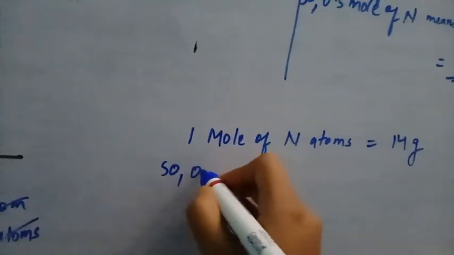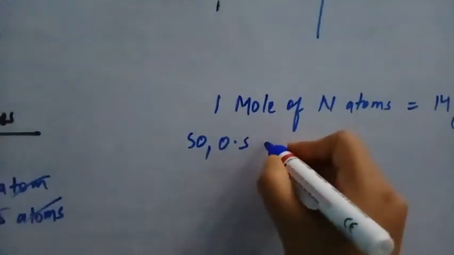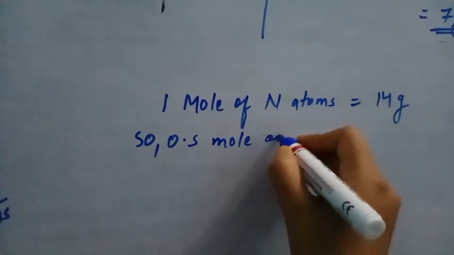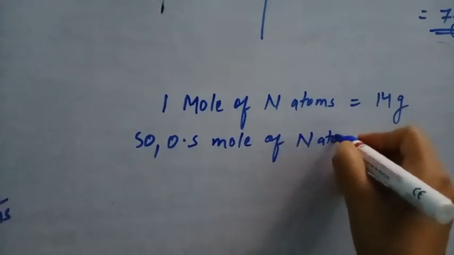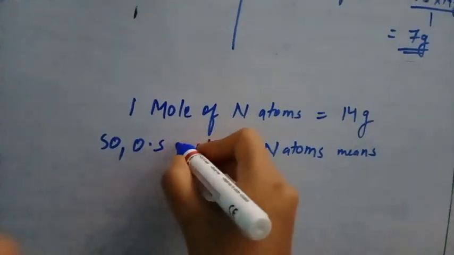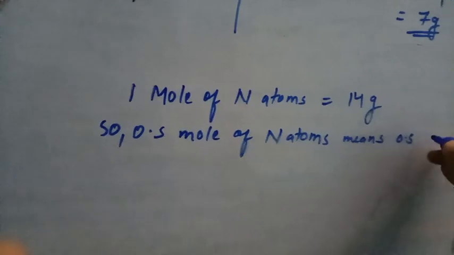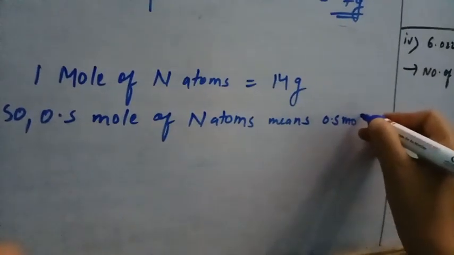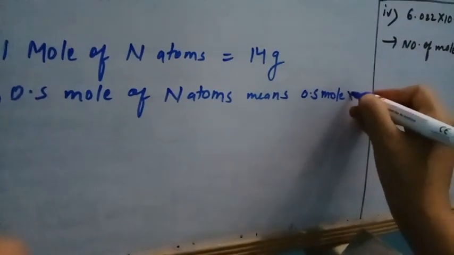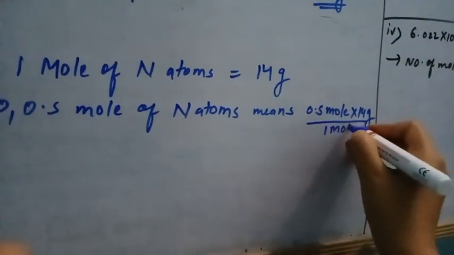So 0.5 moles of nitrogen atoms means 0.5 into 14 divided by 1, that is 0.5 mole into 14 gram divided by 1 mole.